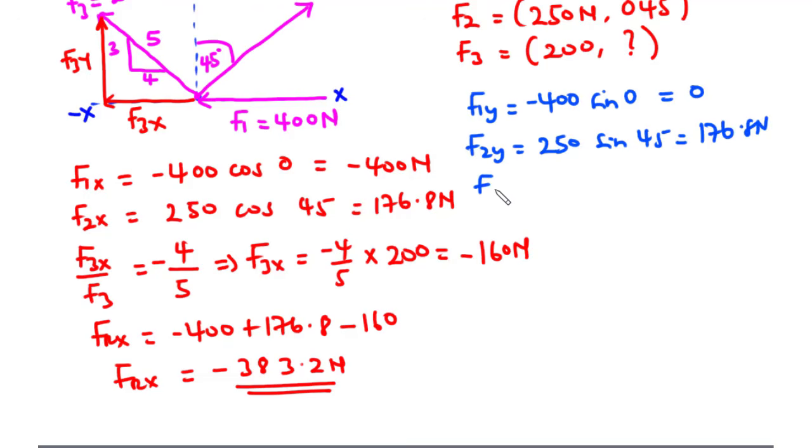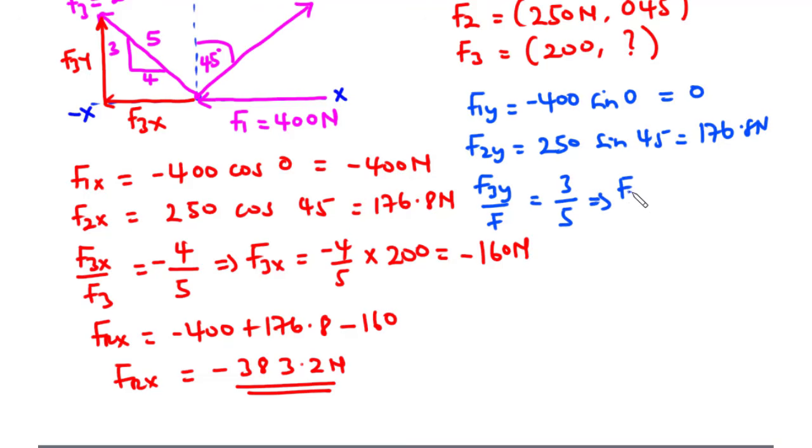And then we have F3y over F3 to be equal to, now F3y corresponds with 3. So we have 3 divided by 5. Now because F3y is lying on the positive y-axis, we don't attach any negative to this.